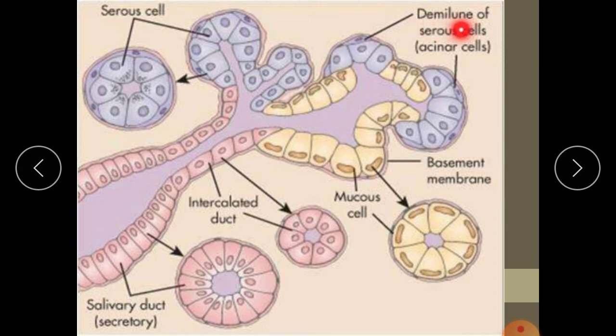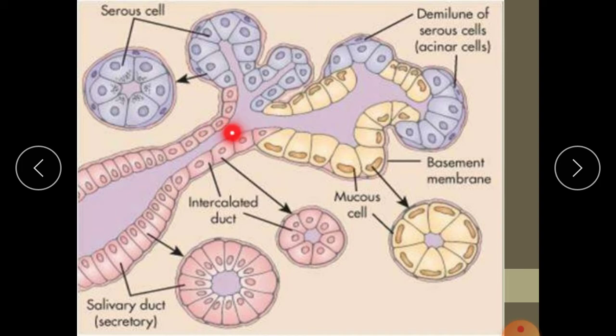Demilunes of serous cells. These are serous cells, pyramidal shaped cells. They secrete their content into the intercalated duct. This is the intercalated duct. All acini release their secretions into the intercalated duct.